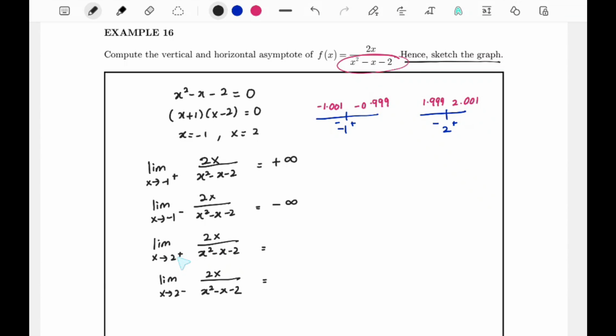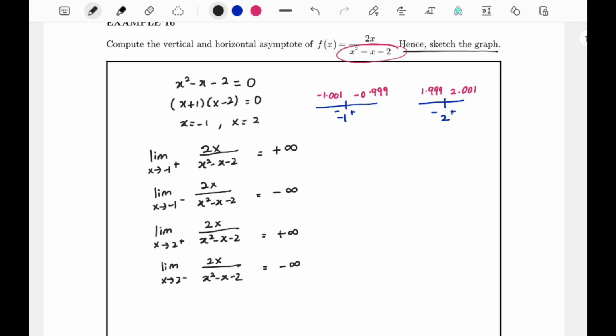When you substitute 2 from the right, which is 2.001, you're going to get positive infinity. And when you substitute 2 from the left, which is 1.999, you're going to get negative infinity. And then we can conclude x equals -1 and x equals 2 are vertical asymptotes.